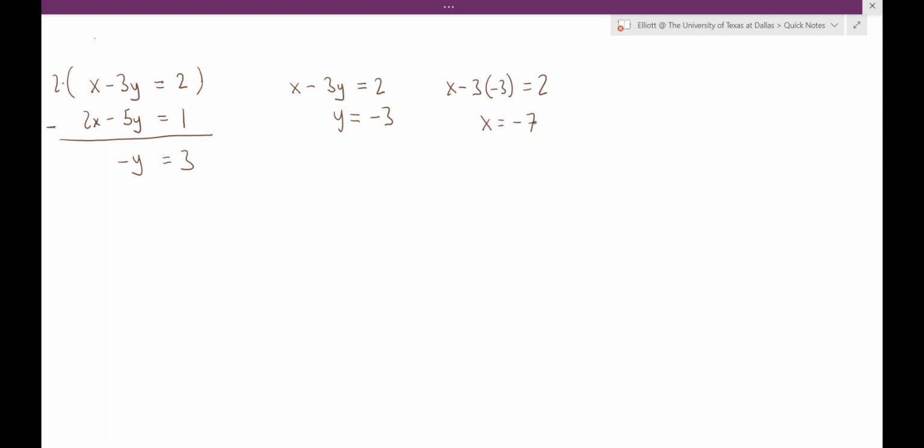All right, now taking a closer look at everything that we just did, what's actually important in our original system of equations? The coefficients are important.